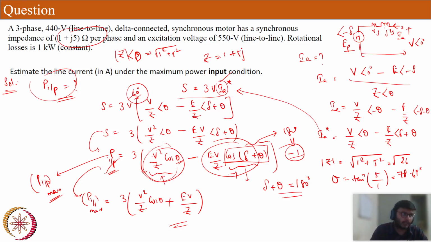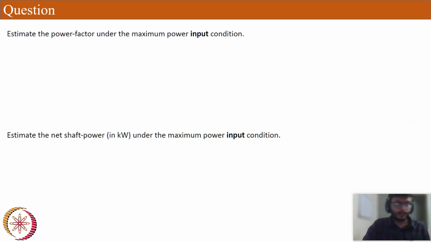So this is what you got. Now, what is the question we have asked? We have to estimate the line current under this maximum power input condition. So let's get the expression for the line current now.